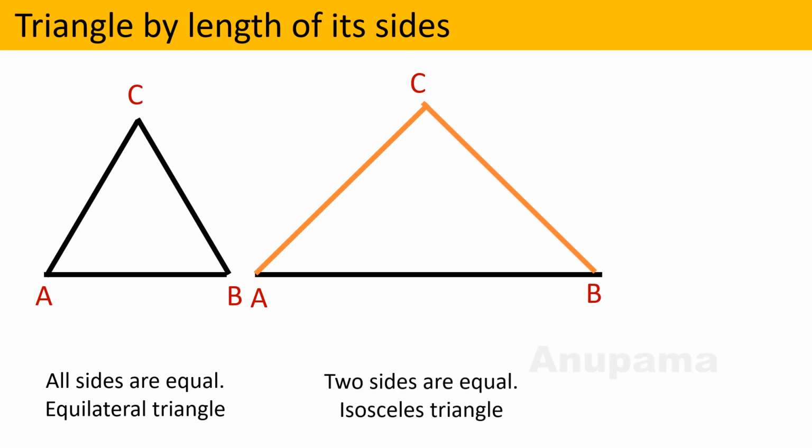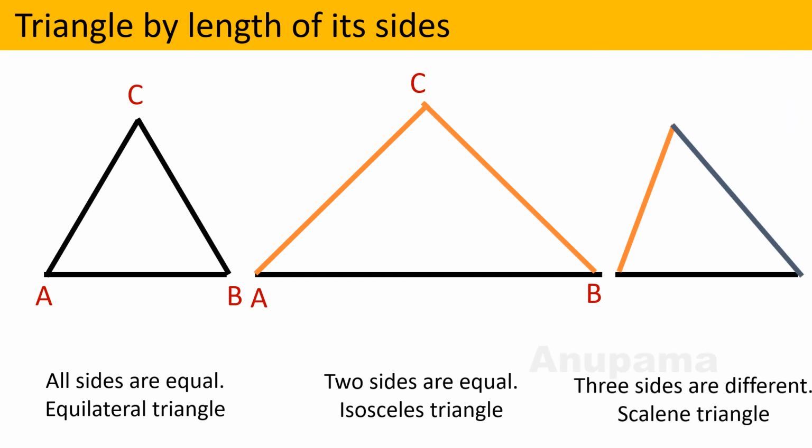So where two sides are equal is called isosceles triangle. Next one is where all three sides are different in length. So this kind of triangle ABC is called scalene triangle because here AC and AB and BC, all three sides are different in length.